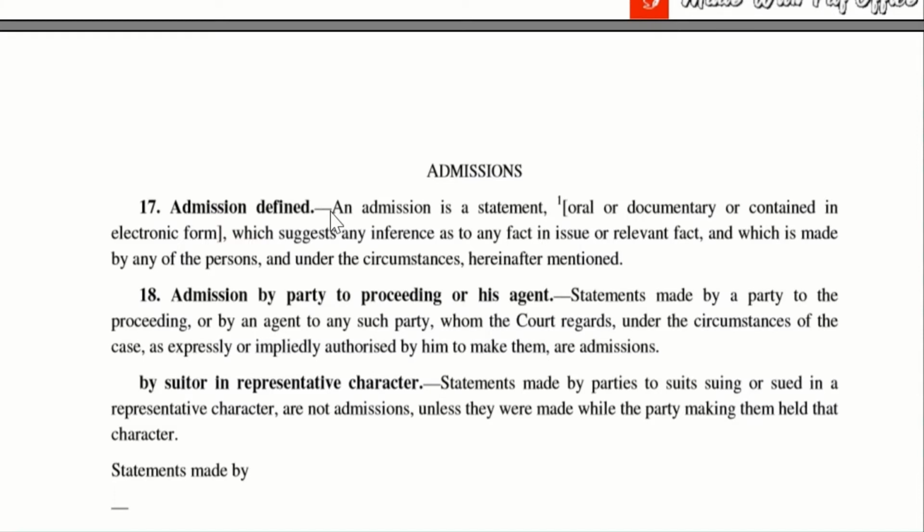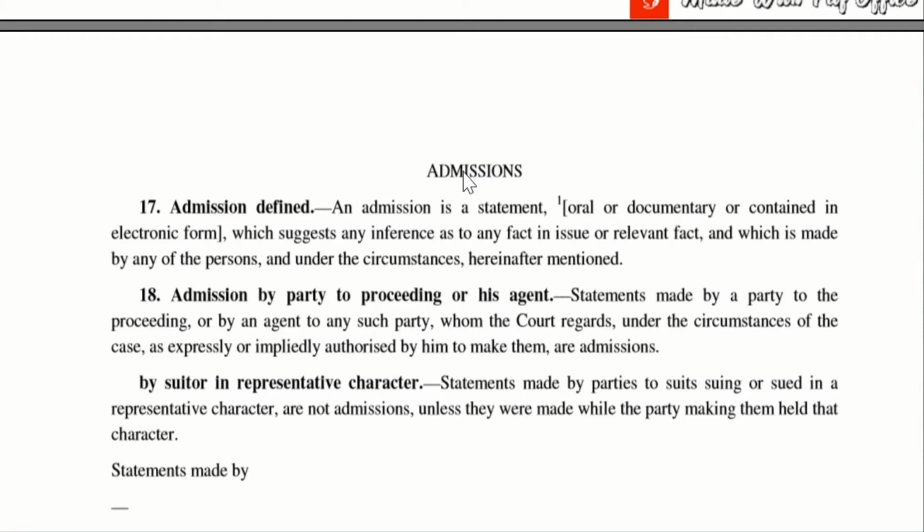If there is a case, you cannot give a statement which is unconnected to it. That should give an inference to any fact in issue or relevant fact. That is very important. And it should be made by any of the persons or under the circumstances mentioned hereafter. After this section 17, there are so many facts which are stated which would help this section. It's as simple as that.